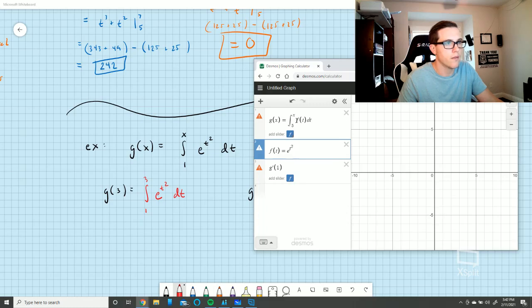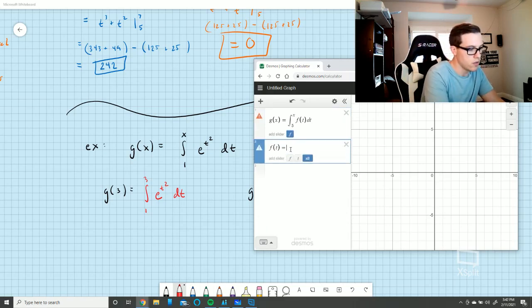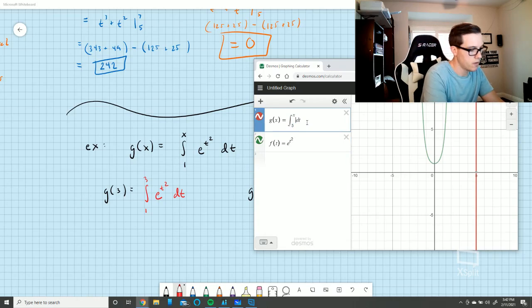No, it likes f. What the heck? One sec. F of t equals g of t. No, it doesn't like that. Interesting. What if I put it right here? Sorry, one sec. It doesn't like what I'm doing.